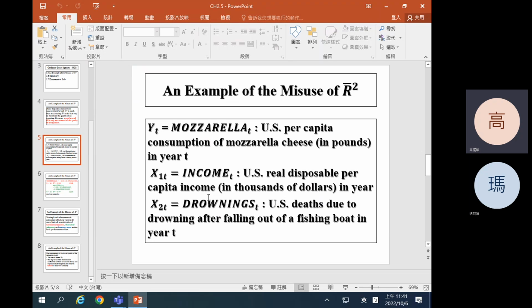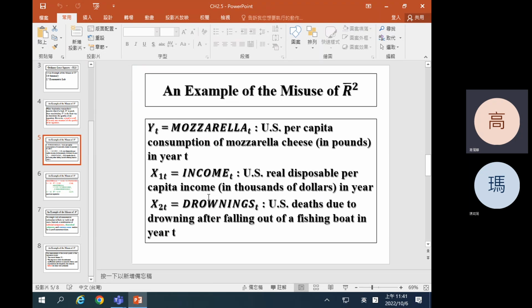And the second X variable is drowning, the U.S. deaths due to drowning after falling out of a fishing boat in year t. Is there any sense in including X2 in this regression model? Does it have some relationship with the consumption of mozzarella? Not at all, right?